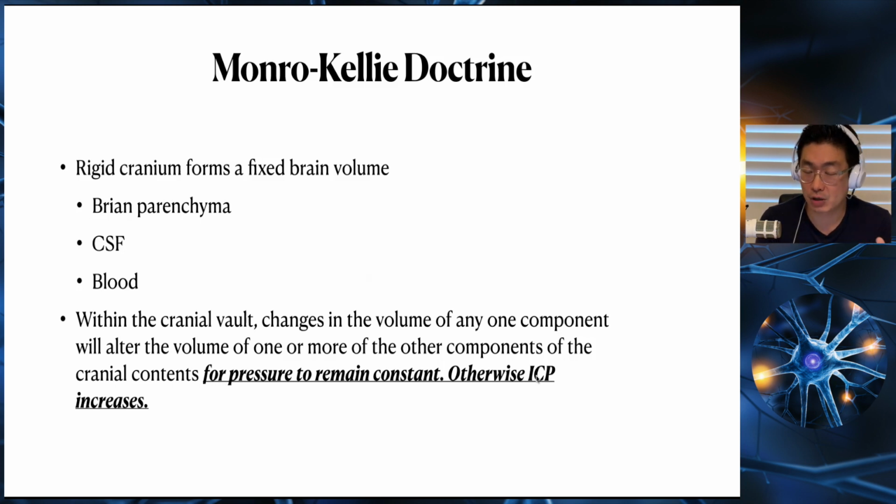And I think for completeness, you need to add the second line, which is for pressure to remain constant, otherwise ICP increases. You'll see different variations of that idea across multiple definitions of the Monro-Kellie doctrine. But I think it is important to talk about the compensatory volume changes and how they affect pressure.